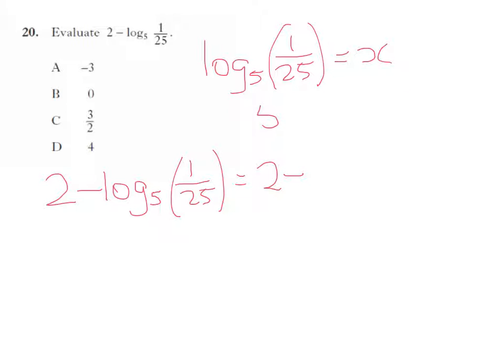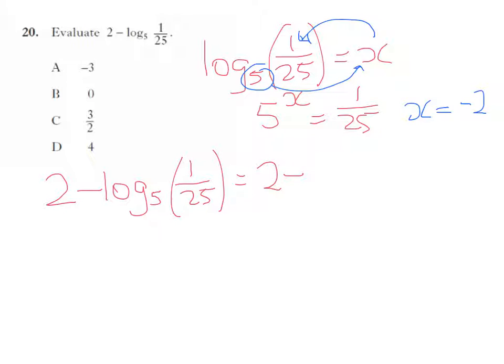Well, this is saying that 5 to the power of x equals 1/25. That is how I rewrite the log equation. 5 to the power of that equals this. So x must equal -2. So our expression is 2 minus -2, which equals 4. So the correct answer there is D.